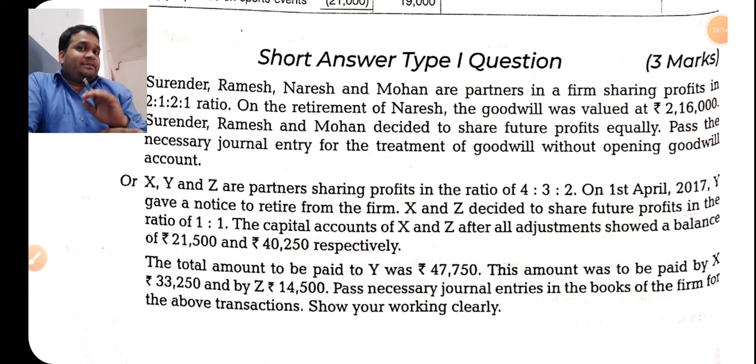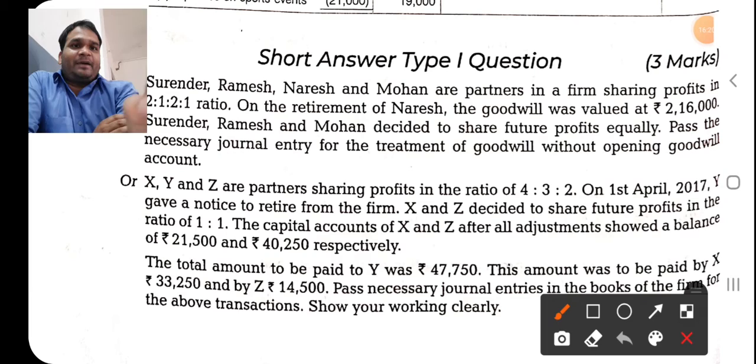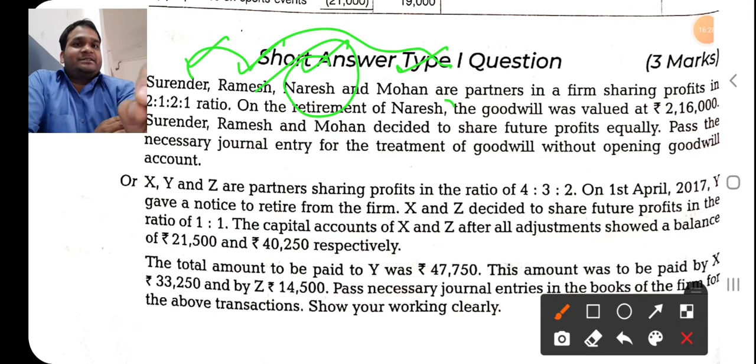For this, we need to calculate the gaining ratio out of these three partners, Surinder, Ramesh and Mohan, when Naresh is taking retirement. Whatever the gaining ratio is, from this 2,16,000 we will calculate the amount of goodwill which will be paid to Naresh.